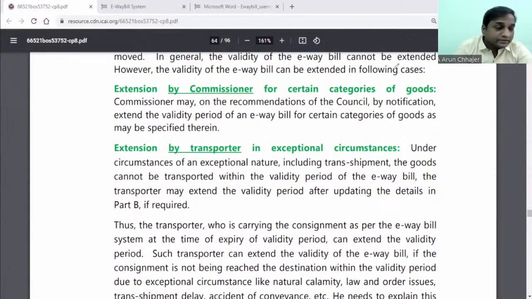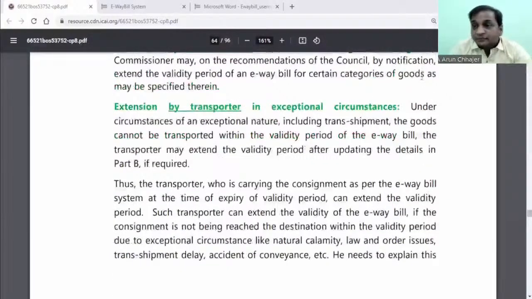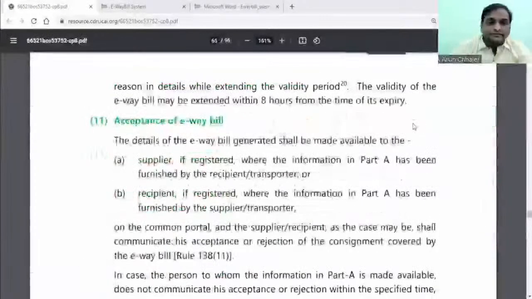For example, during the COVID period, certain containment zones were there and movement was not possible. Or in case of a strike, the goods cannot be moved further. In that case, even the transporter can extend the validity period by putting in the reason.